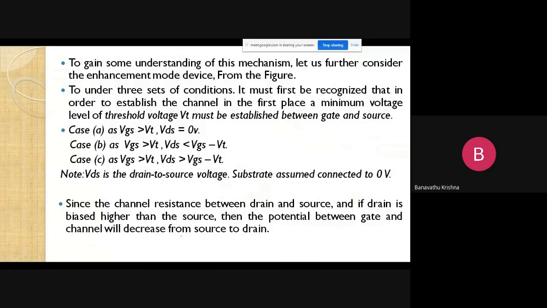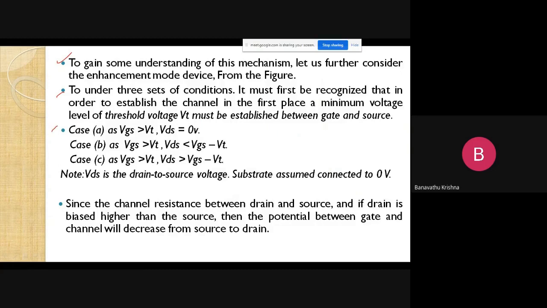Coming to the detailed view, to gain some understanding of this mechanism, let us further consider the enhancement mode device from the figures. To understand the three sets of conditions, it must first be recognized that in order to establish the channel in the first place, a minimum voltage of threshold level Vt must be established between gate and source.